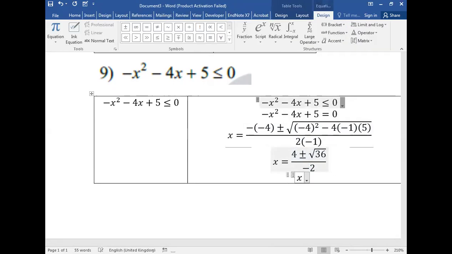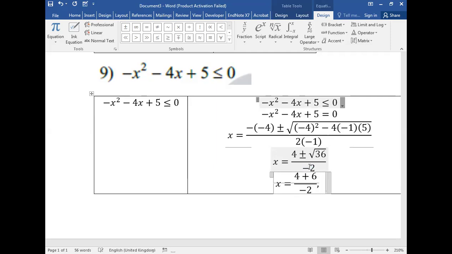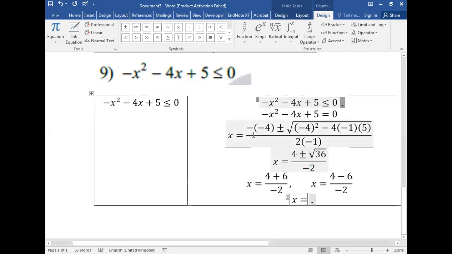So two critical values of x come out. 4 plus 6 upon negative 2 and 4 minus 6 upon negative 2. So the two critical values are negative 5 and 1.